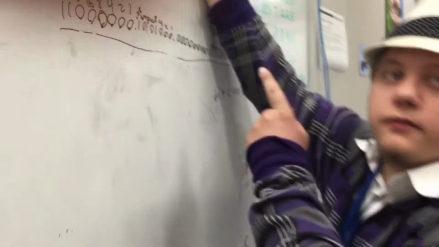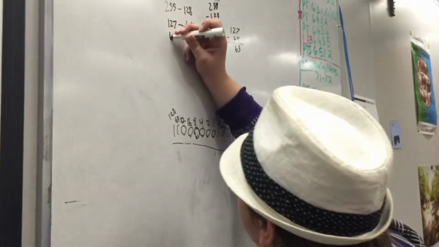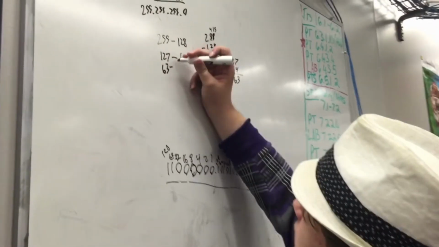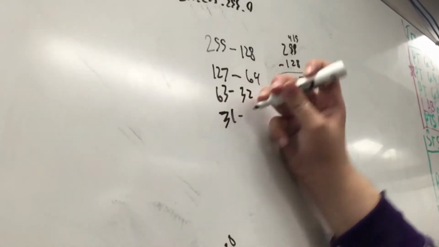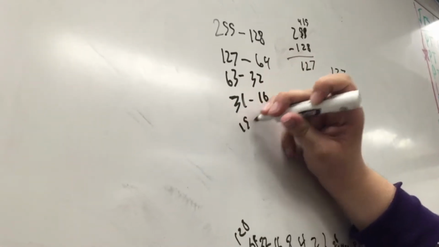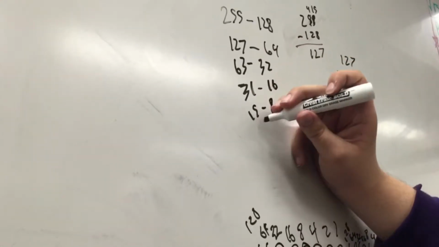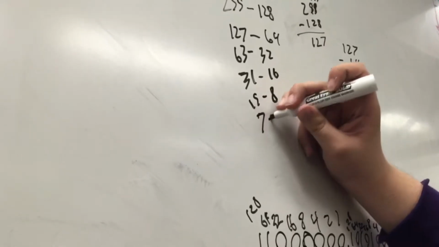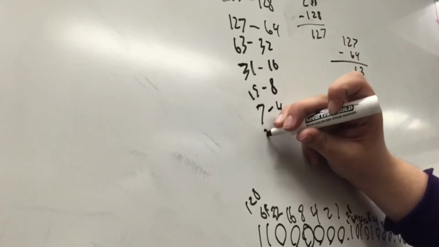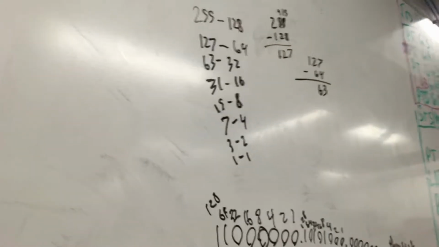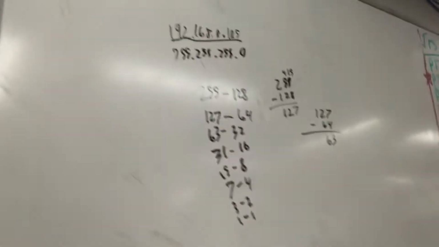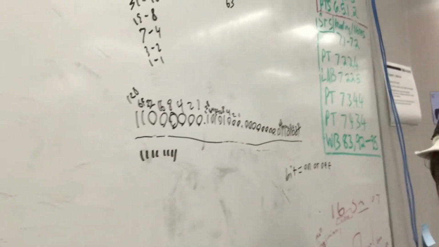It seems like a pattern now, doesn't it? So let's see here, 63 minus 32, 31 minus 16, 15 minus 8, 7 minus 4, 3 minus 2, 1 minus 1. So as you can see here, 255 is all ones.